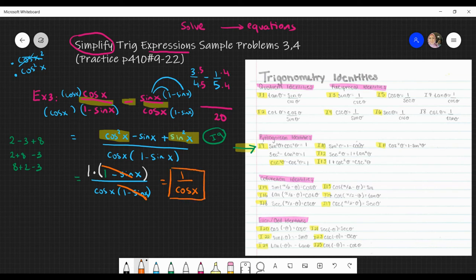Some of you might ask, why not write it as secant x? Because 1 over cosine, as we see right here, cosine is 1 over secant, and we can see that secant is 1 over cosine. You can, but you don't have to, and preferably don't do it.